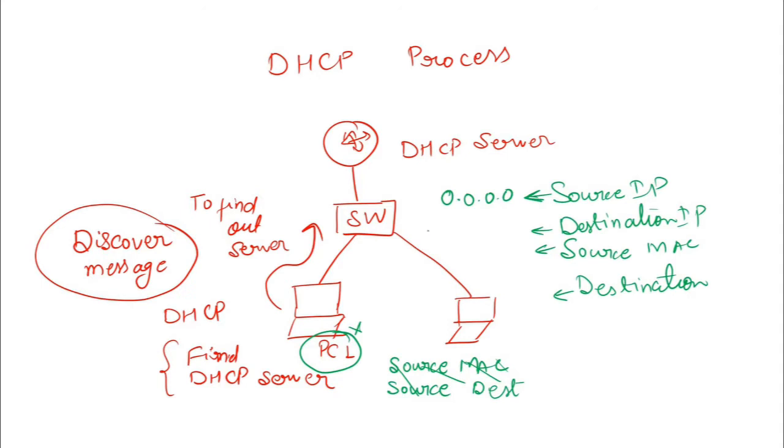So what is the broadcast IP address? That is 255.255.255.255. So it will choose the destination IP address as 255.255.255.255.